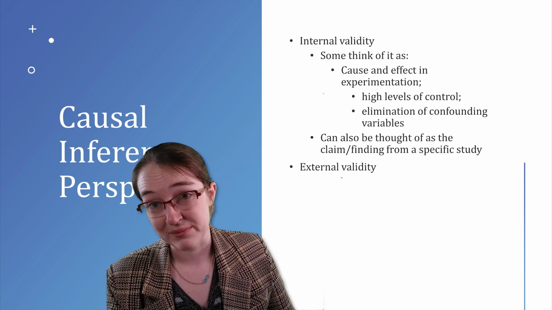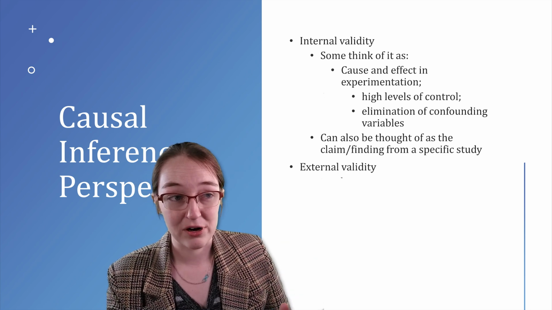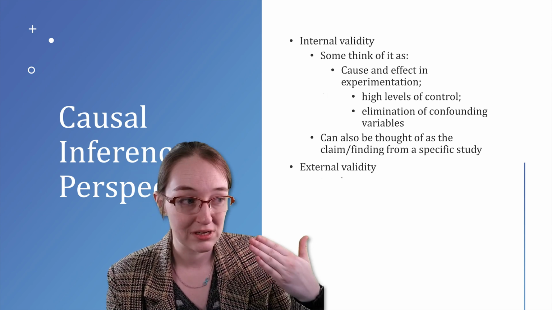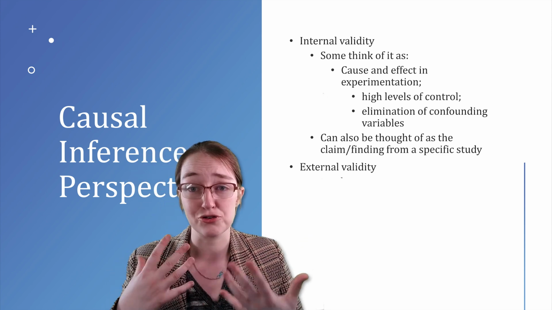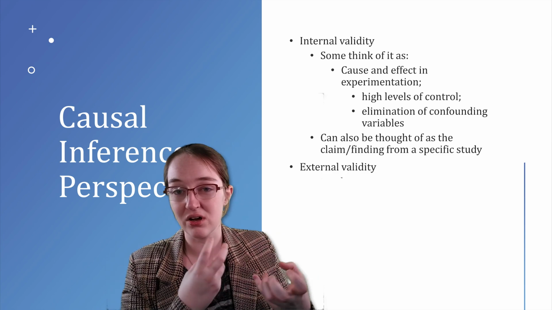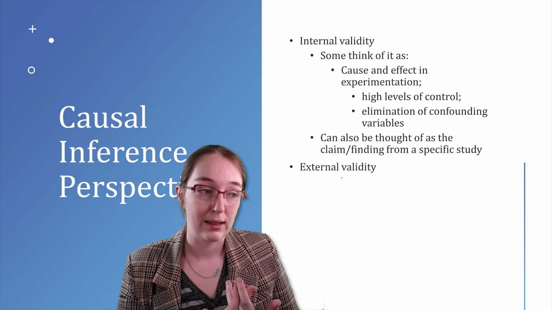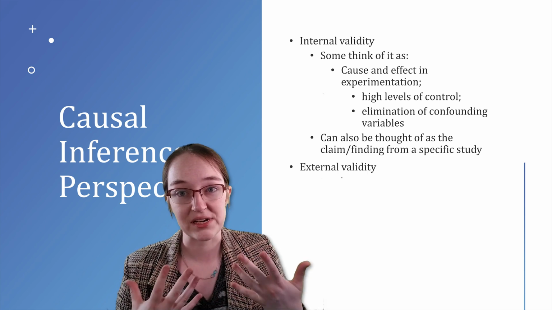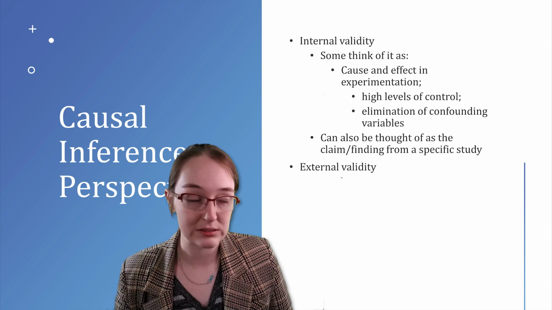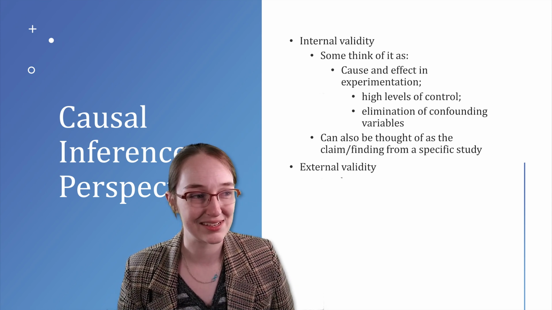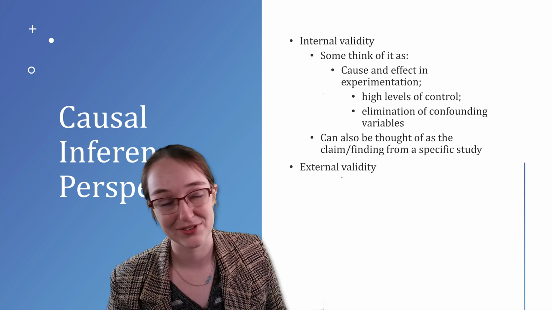For quasi-experimental designs, what we do in this approach is eliminate plausible alternative explanations. And that primarily focuses on controlling for covariates or creating plausible controls. And for observational studies, this is just trying to have good representative samples, because there's not much you can really do with observational studies beyond that from making a causal inference standpoint.